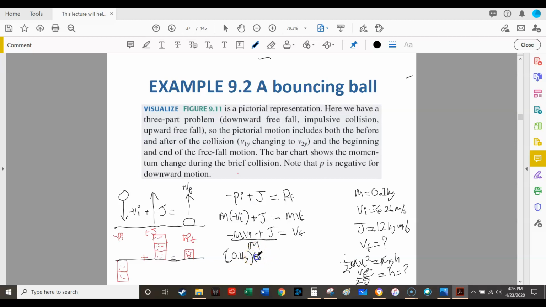So it's negative 6.26 meters per second plus our j vector, which is 12 kilograms meters per second, divided by the mass, which is 0.1 kilograms. And that is our final velocity. Okay?